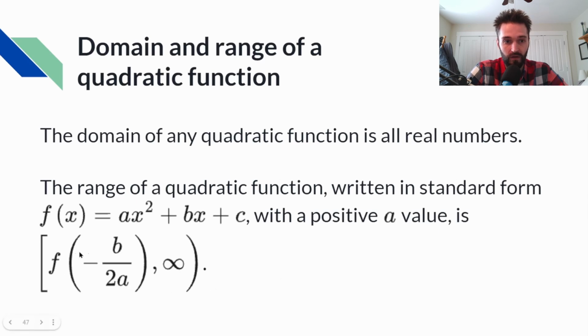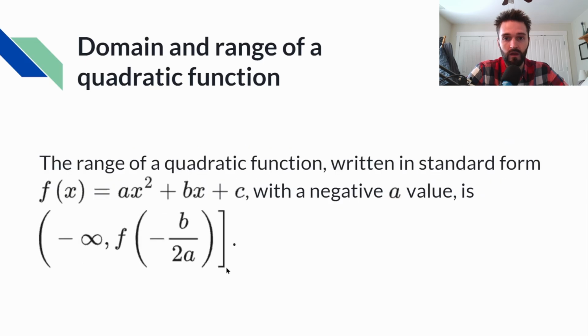So the y value starts here, at f of this value, and it continues up to positive infinity. But if the a value is negative, that means that the parabola opens downward, and the vertex is an absolute maximum, which means that the y values are going from -infinity up to this value, f of minus b over 2a.